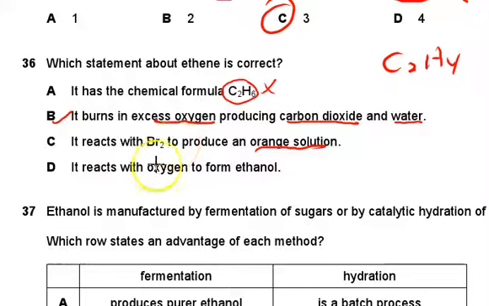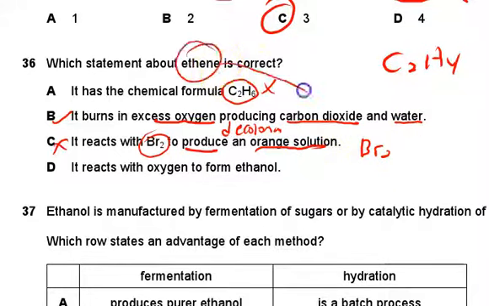It reacts with bromine to produce an orange solution. It will decolorize the bromine. So when you have a bromine liquid, it is a brown to orange color. So if you mix it with ethene, it will decolorize.